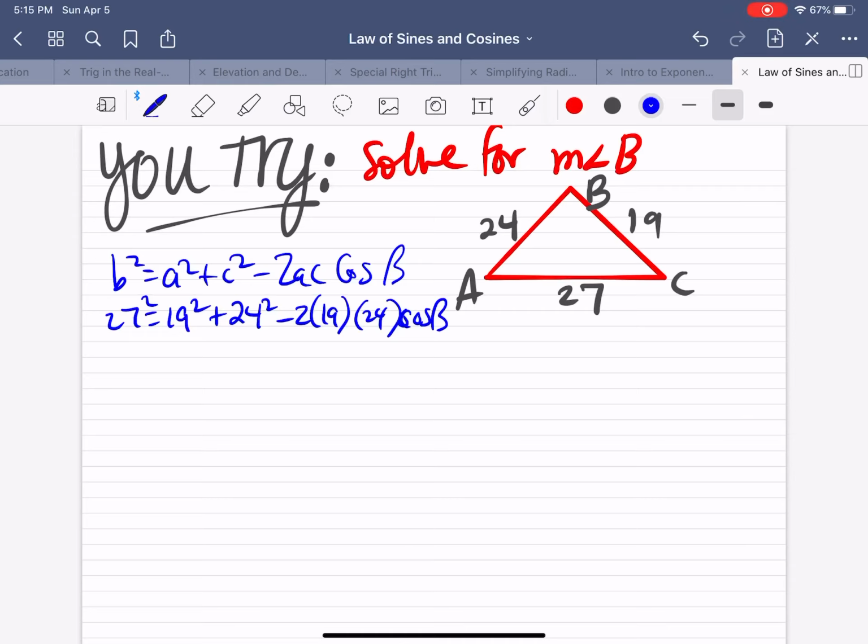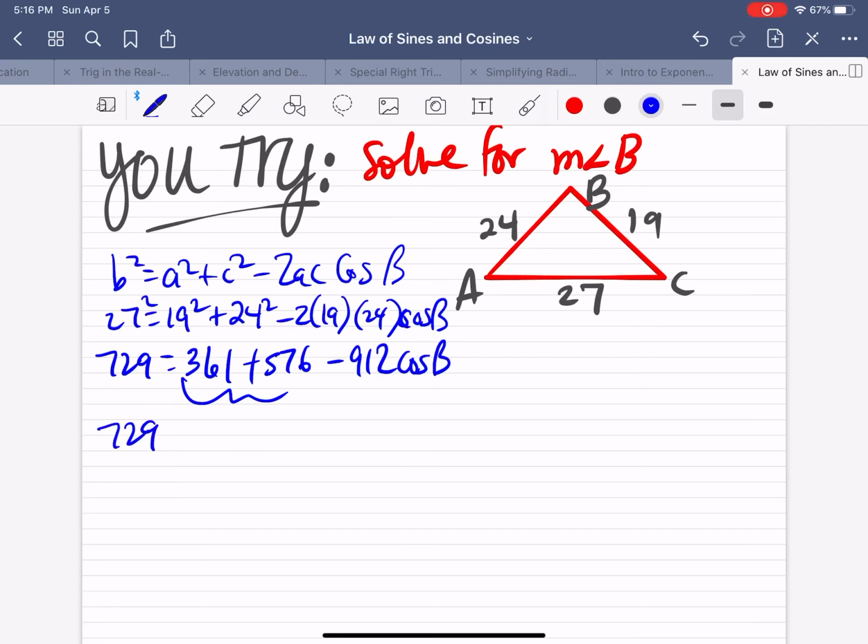27 squared is 729. 19 squared is 361. 24 squared is 576. Negative 2 times 19 times 24 is negative 912. Combine the like terms: 937.